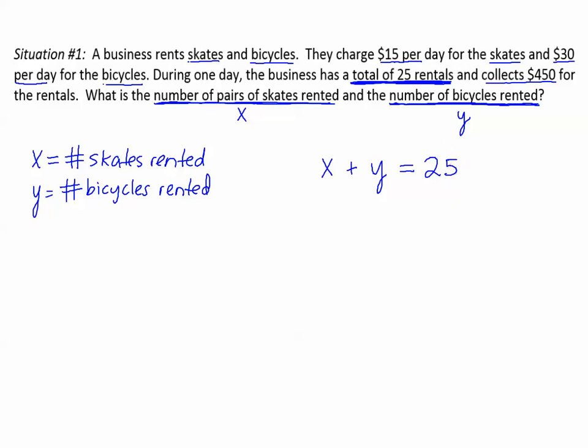Now let's look at the other thing about the numbers, the money. $15 per day for the skates and $30 per day for the bicycles, with a total collection of $450. So $15 per day for skates, so 15 times X, plus $30 per day for the bicycles, so 30 times Y, equals, and the biggest number, the 450, goes on the right side.